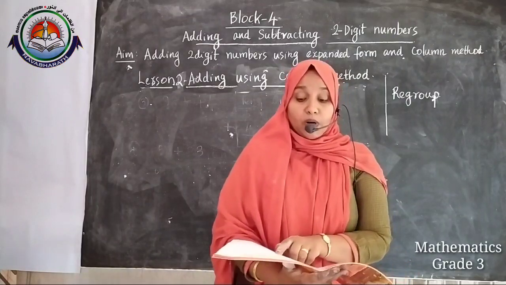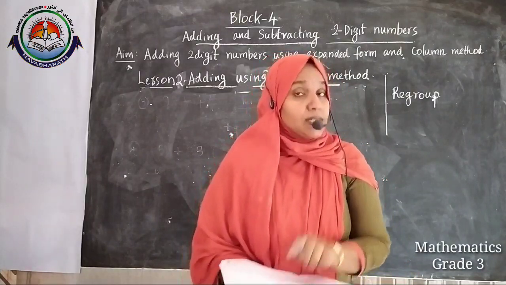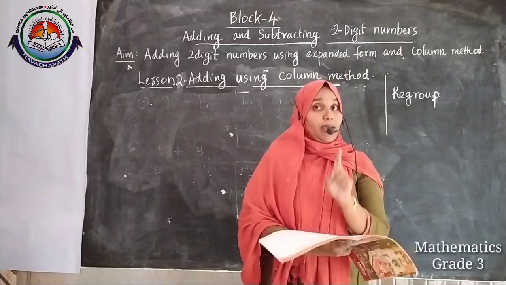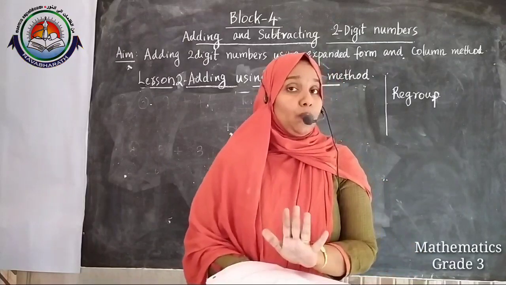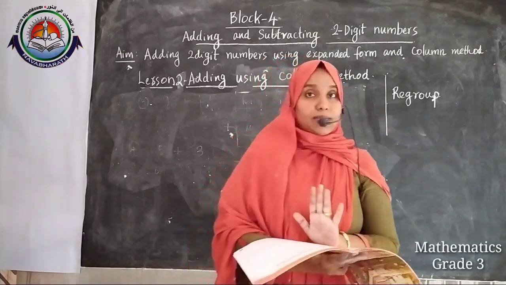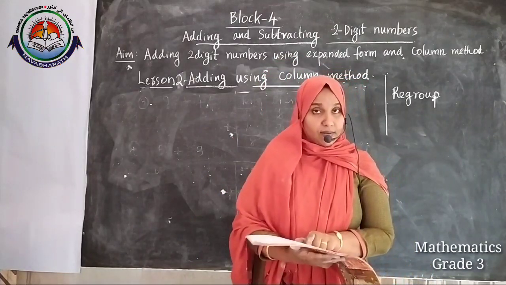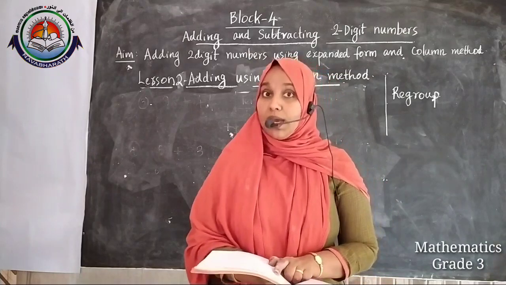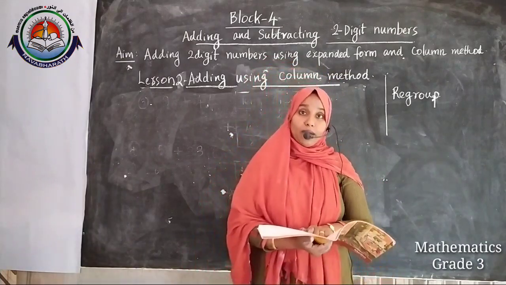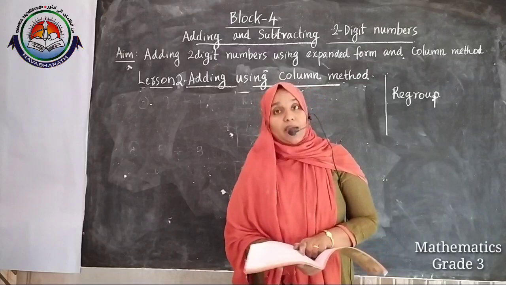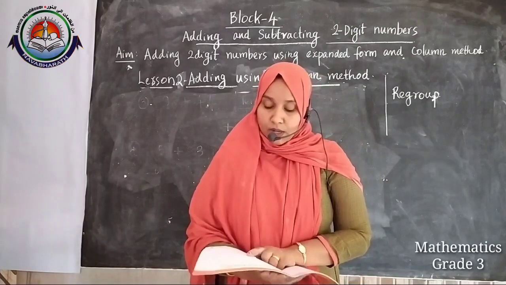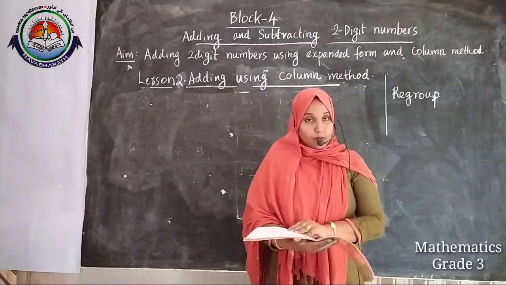Then add the numbers using expanded form. You have to do that method. There are two columns: 52 plus 37, you do using the expanded form of 52 and the expanded form of 37, and you add the numbers. Then 45 plus 29, similarly you do.